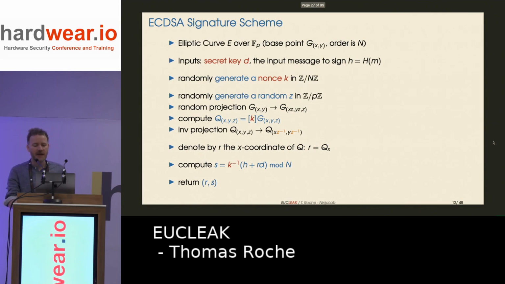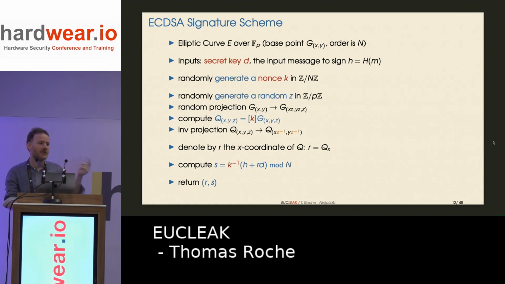To understand this trace, we need to get back to what ECDSA is. For those that know ECDSA, it's quite simple. For the others, you just need to know a few things. For a signature, you need a secret key, D, and a message, H. At each signature, a random nonce, K, is generated. It's called the ephemeral key in ECDSA, and its knowledge is as good as the secret key. When you know the K value for one signature, you can compute the secret key.